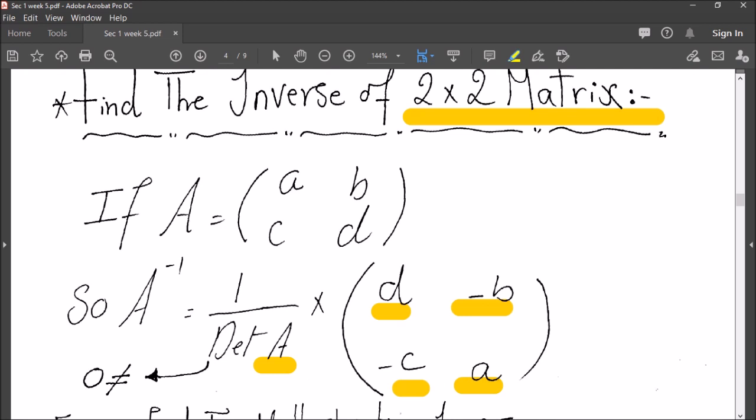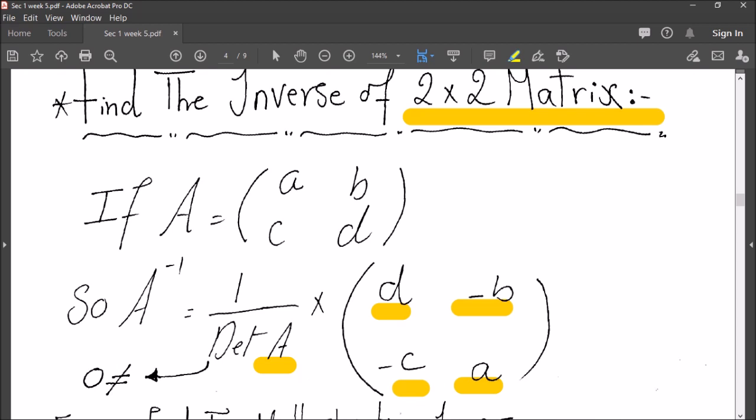It would give us a math error. So the only condition I need to verify that any matrix, and I mean any matrix, has a multiplicative inverse, is that the determinant cannot be equal to 0.